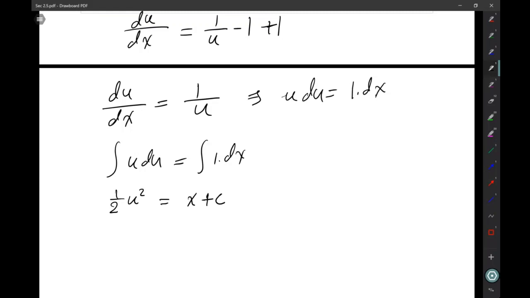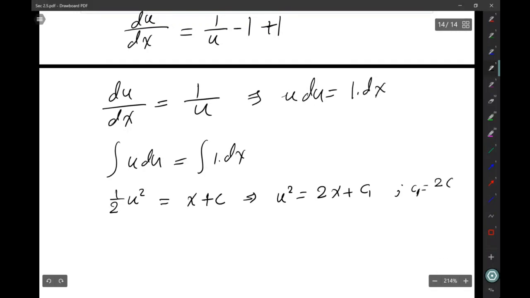Multiplied by 2, this becomes u square equals 2x plus c1, where c1 is equal to 2c.